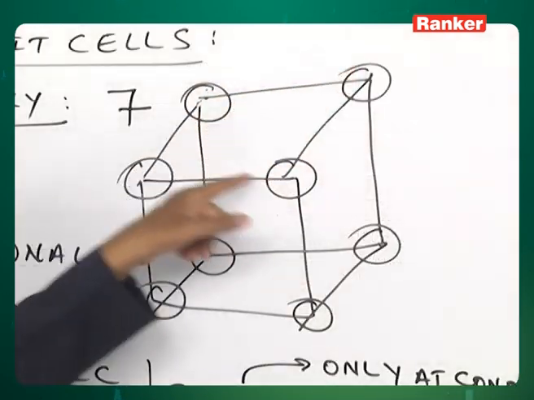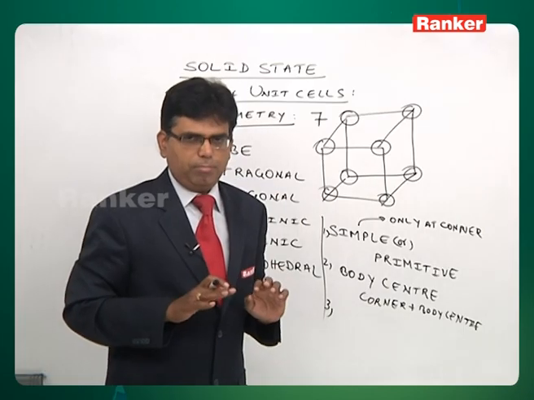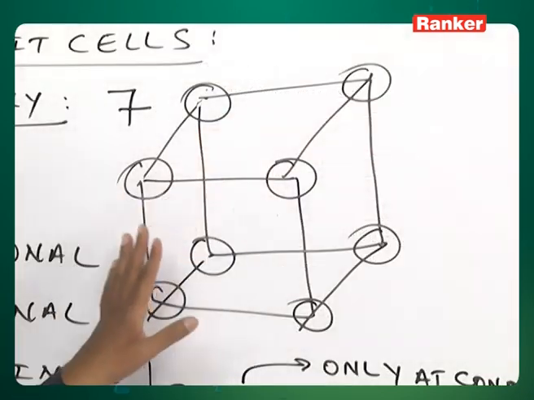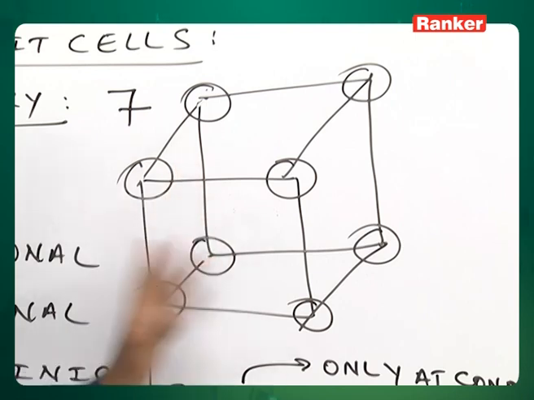So without a corner you cannot have any geometry, right? So that is the minimum requirement. That is the reason we call this simple.